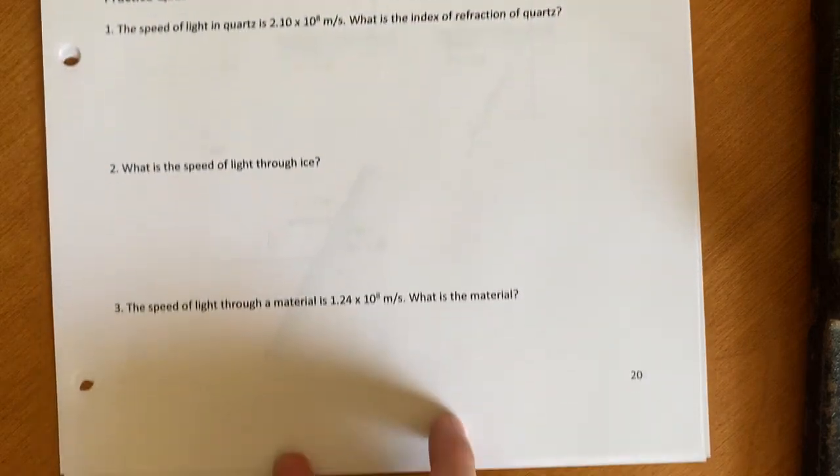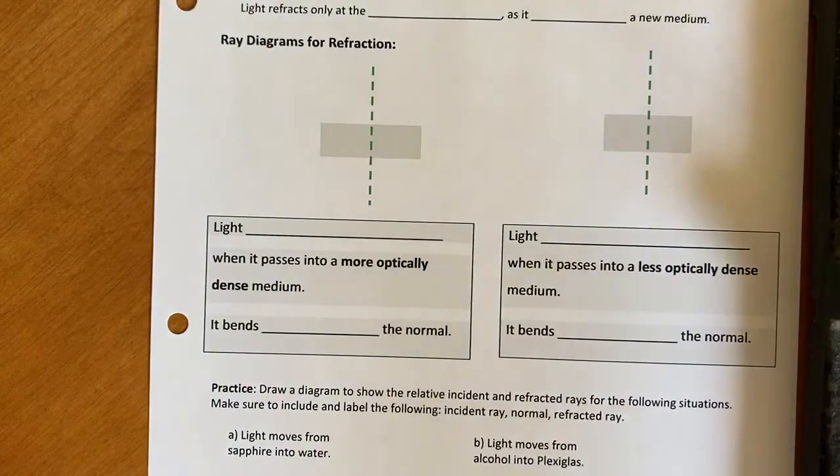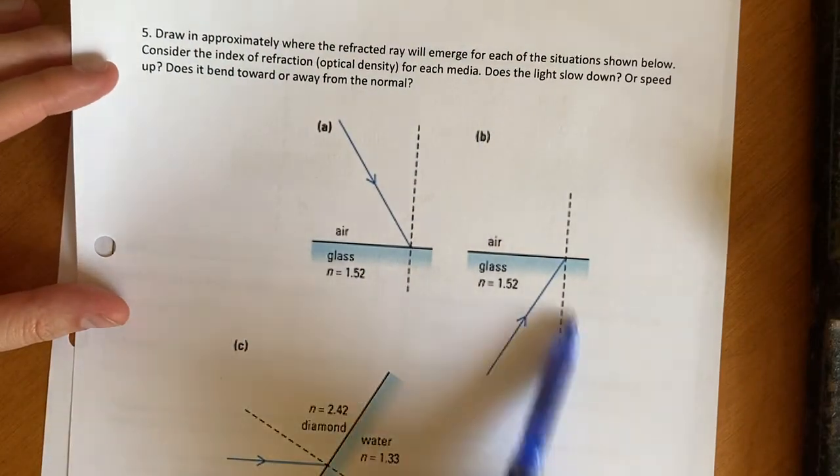Now there's some practice questions on this page and the next page for you to do and submit for practice. But I'm going to keep going here and do page 22 because it will help you with answering this question a little bit.